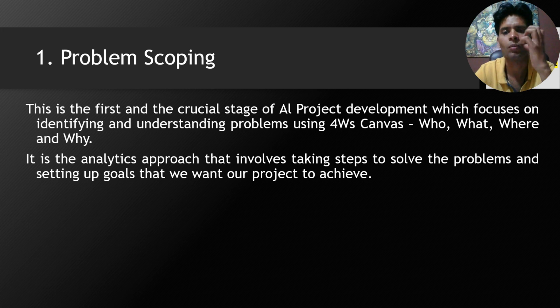You will put your problem inside this and then you will find out whether your problem is relevant or not. It is an analytic approach that involves taking steps to solve the problems and setting up goals that we want our project to achieve as the solution. Okay.